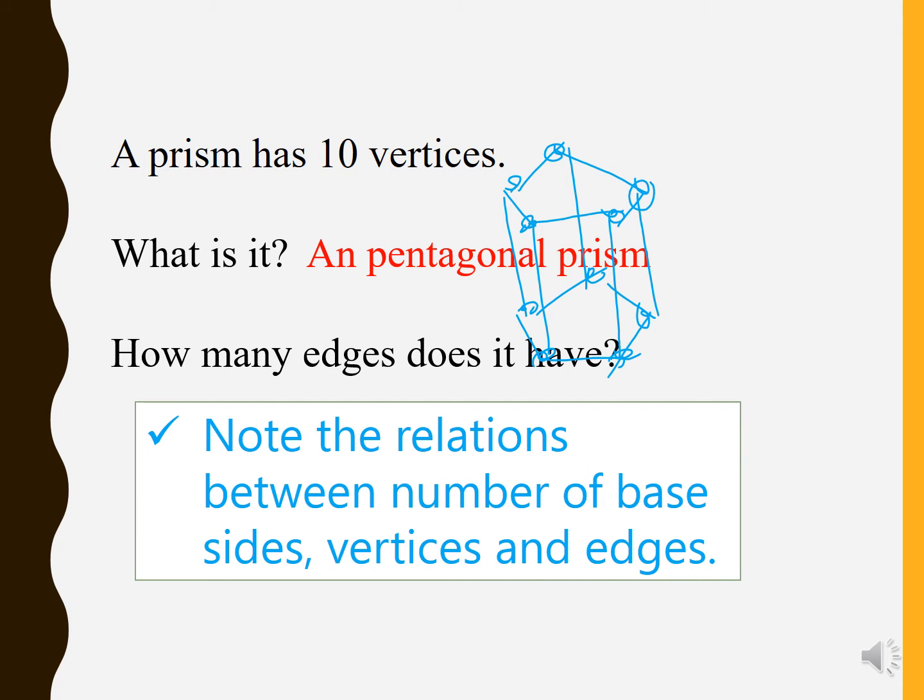Or you can count it one by one. So at the bottom we have 5 edges, and on top we have another 5, and then in the middle we have another 5 edges. So again, 5, 5, 5. We got 15. Okay?